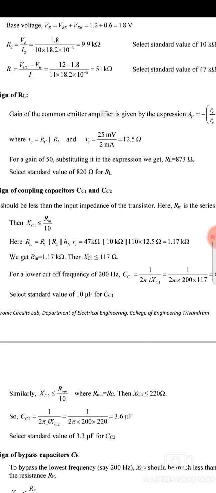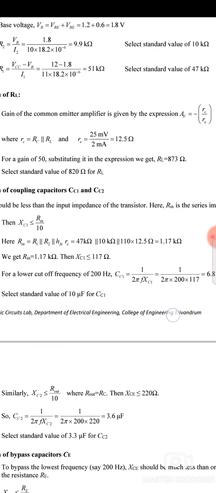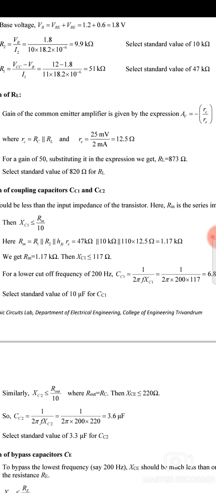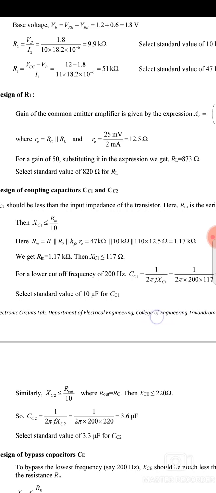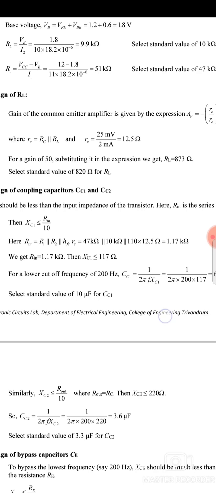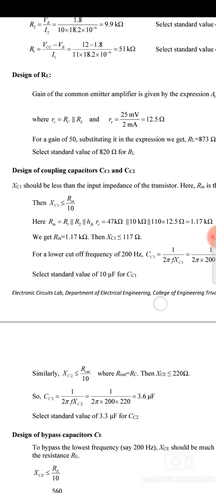For a gain of 50, substituting in the expression, we get RL equal to 873 ohms. You have to assume the gain value of 50. With that assumed value, the load resistance is 873 ohms. Select the standard value of load resistor as 820 ohms.